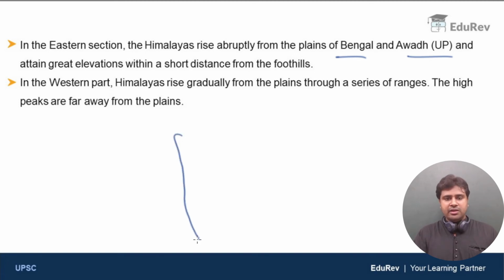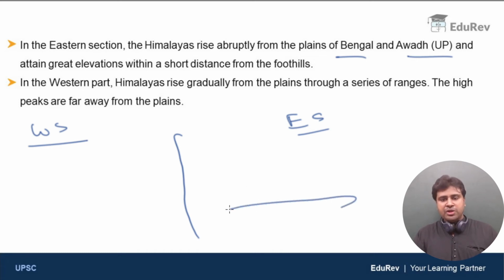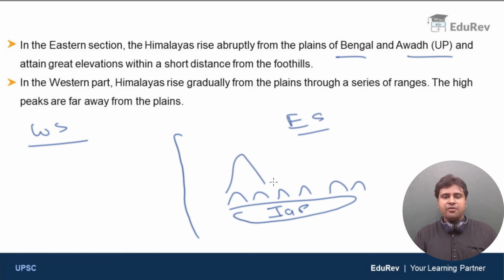So imagine this is the western section and this is the eastern section of Himalayas. So we have divided the Himalayas now into western section and eastern section. So we all know that we have the Indo-Gangetic plain, and above the Indo-Gangetic plain you have the Shivaliks or the outer Himalayas, and very close to the Shivaliks in the eastern section you have high peaks.